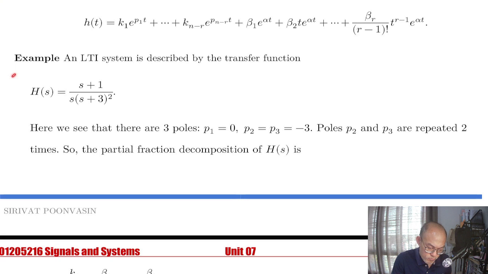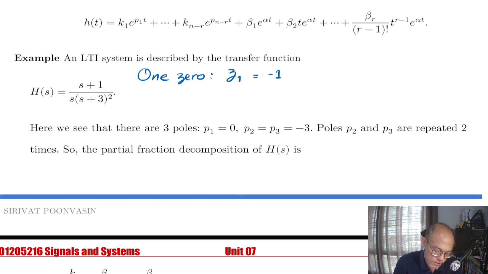So when you look at this function, the first thing you have to do is determine where the zeros are and where the poles are. Here you see that there is 1 zero, and that zero, which I write down as z1, is at minus 1.